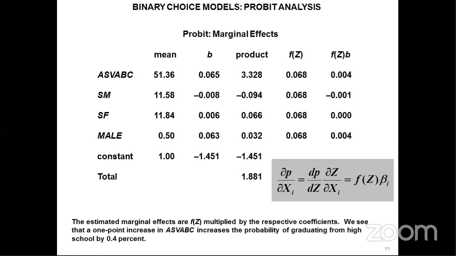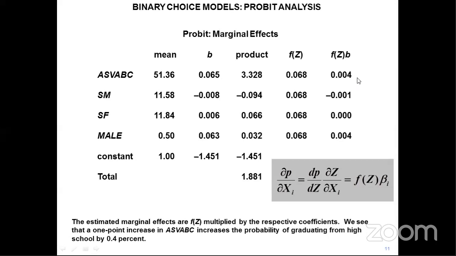calculated. And of course from SPSS you would get all these things. So that is the product and the f of z, and the estimated marginal effects are f of z multiplied by the respective coefficients. So we see that a 1 point increase in the average grade in the previous examination increases the probability of graduating from high school by an amount of 0.4.